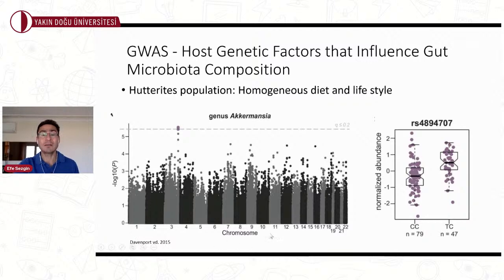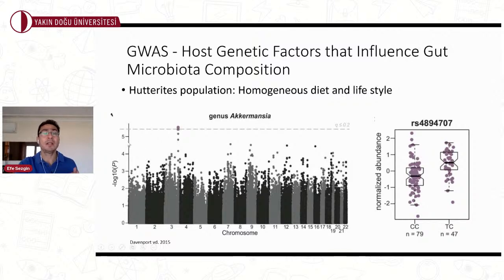On the x-axis, you see the 22 autosomes of the humans, and each one of these dots is the result of a statistical test. It tests whether this variant has any relationship with the microbiota composition or not. Because we are doing so many statistical tests, in order to reduce the false positives, or in statistical terms the type 1 error rate, you accept only a certain p level as significant.